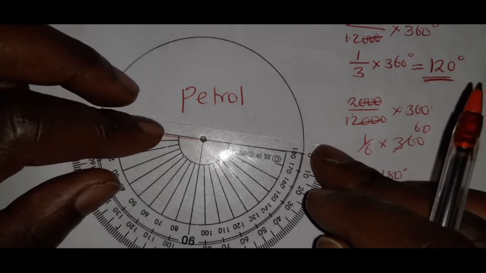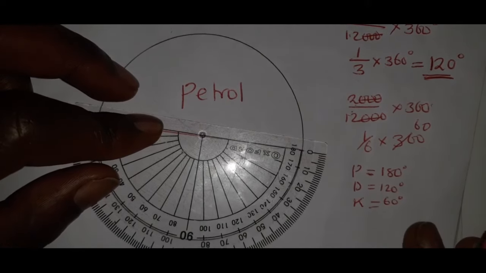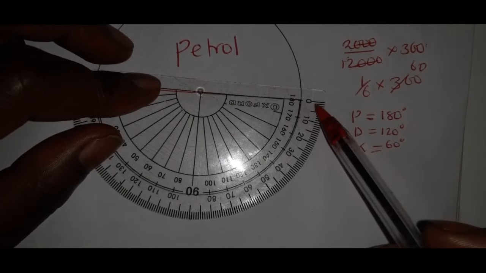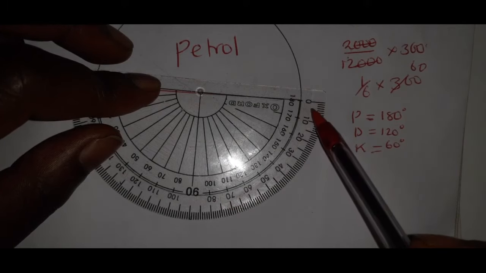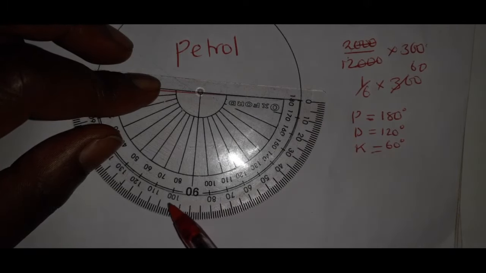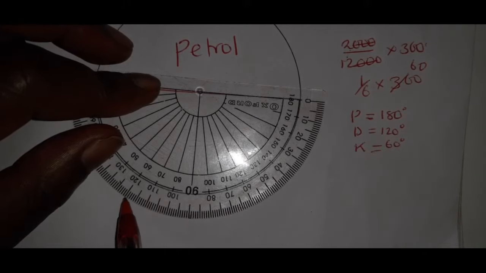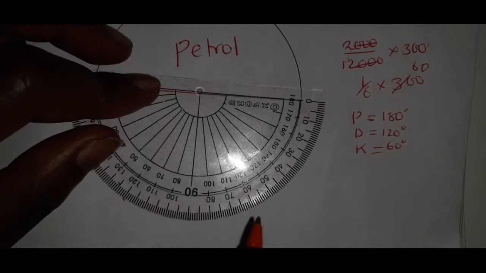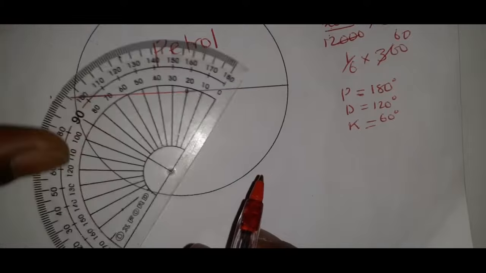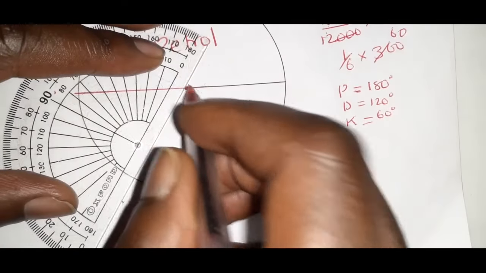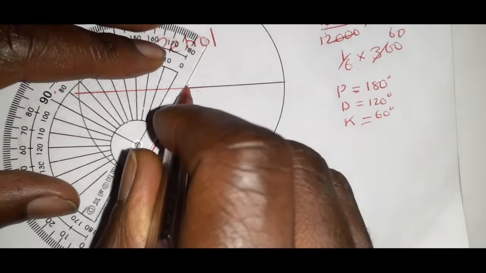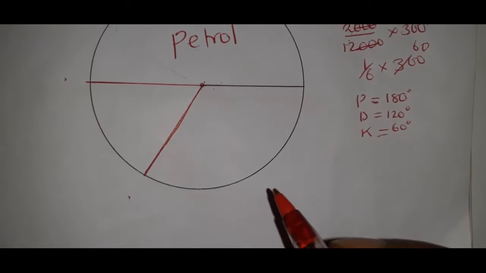Make sure the 0 is on the line. So I'm going to count maybe from this side. 0, I'm using these numbers that are on top. 0, 110, 120 is here. Have you seen? This is where my 120 is. So I'll use this center and this dot to connect, but I'll just come up to the circumference here. Okay, so this is 120.